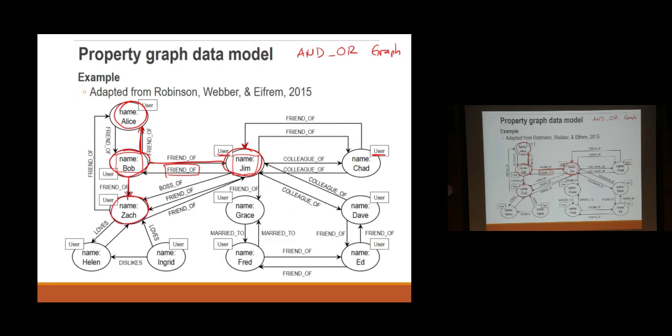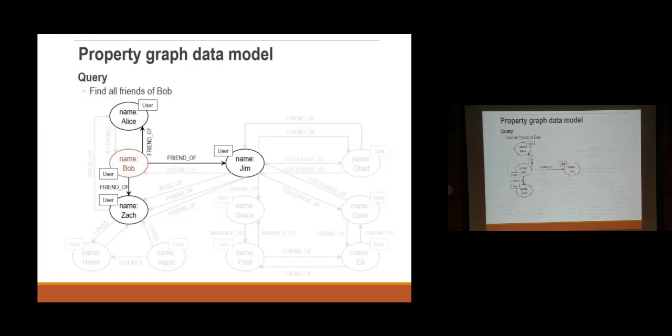So you can think of a query as trying to figure out what subgraph within this graph matches the property that you want. So it's basically a subgraph search. This is what it will return if you try to find all the friends of Bob. Everything that is not highlighted will be ignored. In fact, Bob should be ignored, but Bob is your starting node, so it will be marked differently.